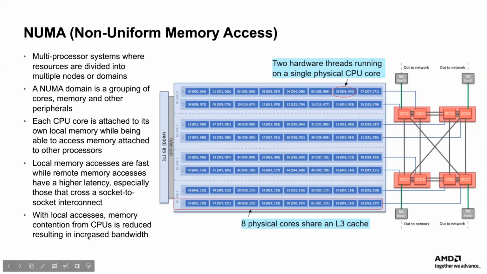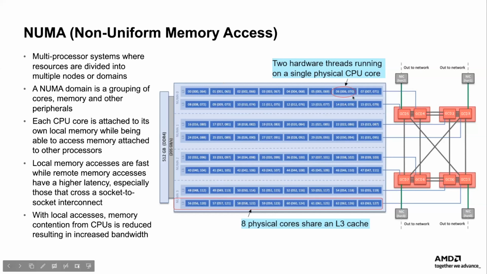So another advantage to having the NUMA system is with local accesses, memory contention from CPUs is reduced. So it's only the processes running on the CPU cores that belong to this NUMA domain that will be accessing the memory module attached to this NUMA domain. So those are some of the things we see here.